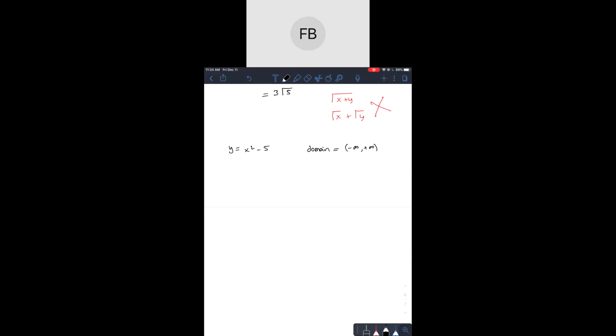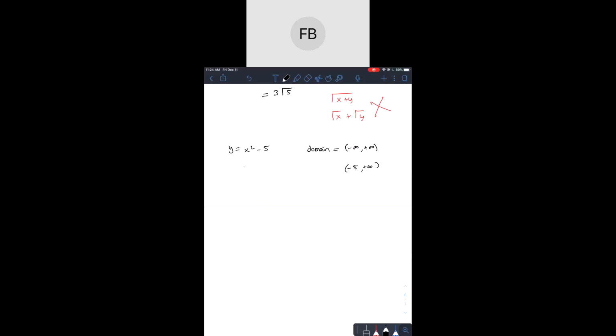So it can obviously go to positive infinity, but y is not going to be negative infinity. I think y is going to stop at negative 5, right?